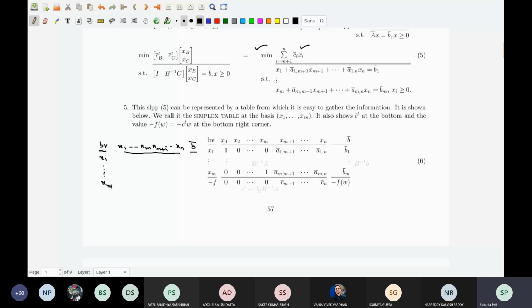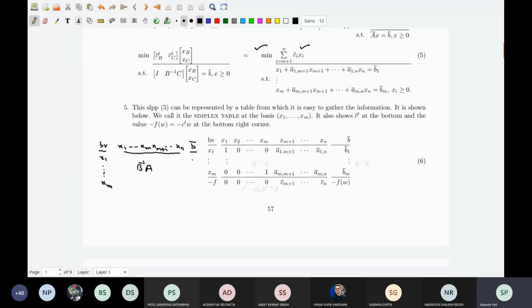Next, what do I write over here? This is where I will write B inverse A. You multiply B inverse by A, whatever this matrix is, that will be written over here, and that will come out to be 1 0 0 0 1, like that kind of thing.